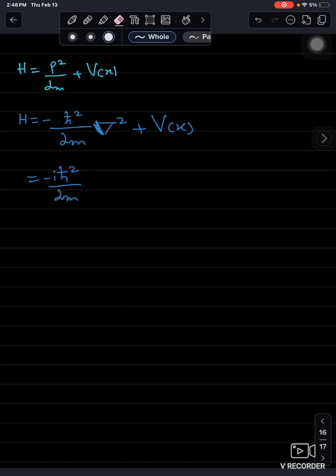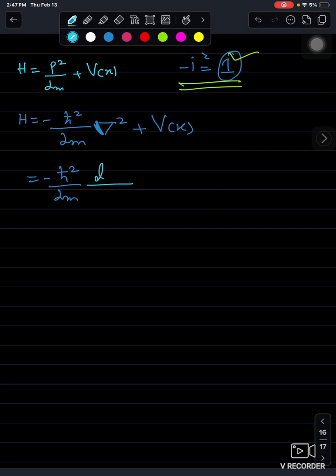Oh no, sorry, the i doesn't come here, since negative i squared is actually 1, so we don't write it. I don't have to go through the working, because you will know already why it's 1. And this becomes d squared over dx squared, d squared over dy squared, d squared over dz squared, and then we have V of x.